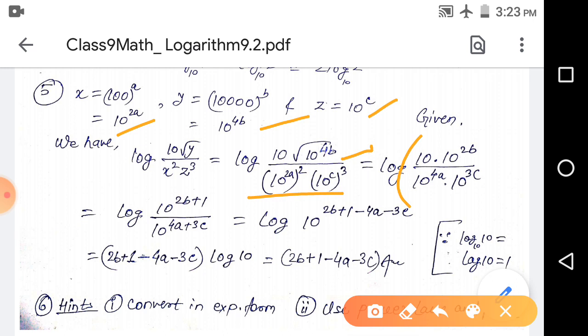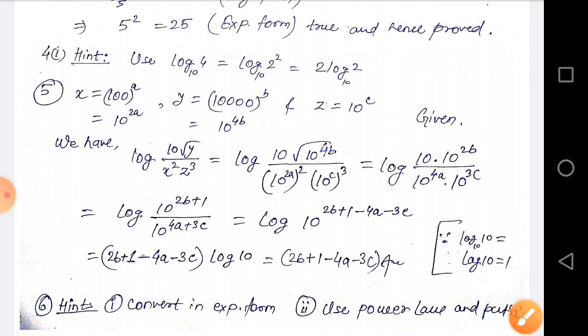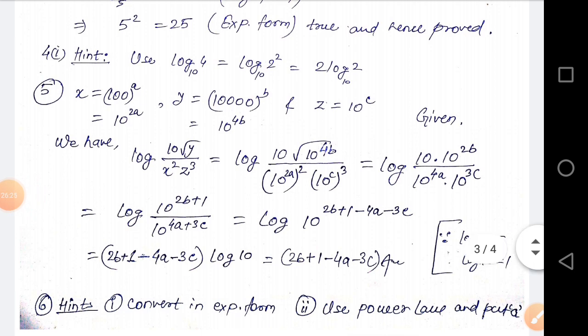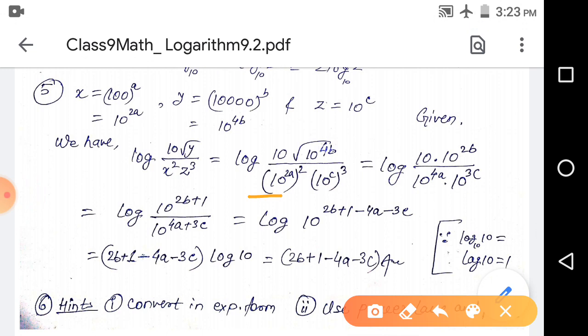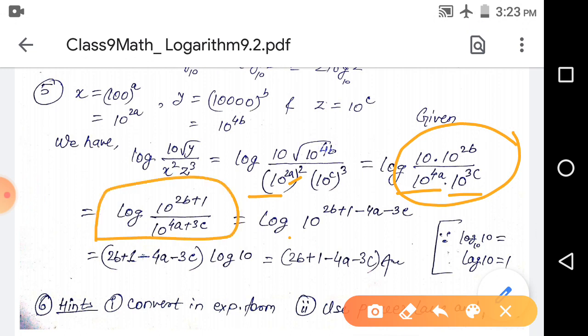Then for the square root of 10 to the power 4b we have 10 to the power 2b. When the square root is removed it will become 2b. Then this one is 10 to the power 4a and 3c. Now we have all the powers of tens. This is the simple solution of indices.